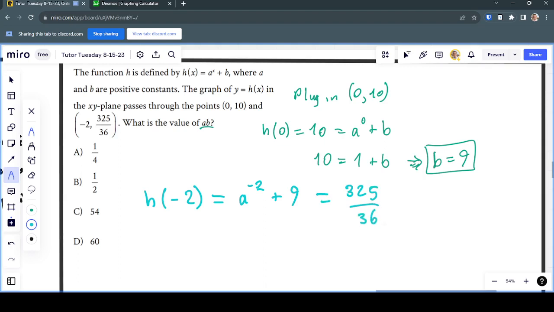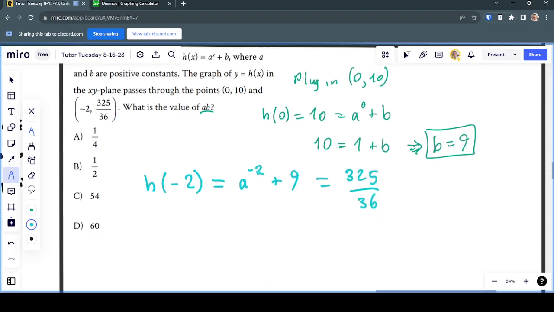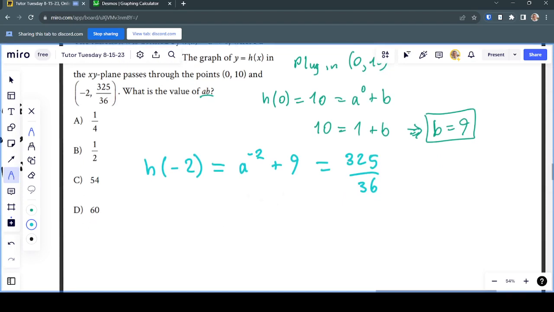Let's make sure we can get to that point. We'll subtract 9 from both sides here, -9 and -9. But also note that 9 equals 324 over 36. And the way I got that is just multiplying by 36 on both the top and the bottom here.